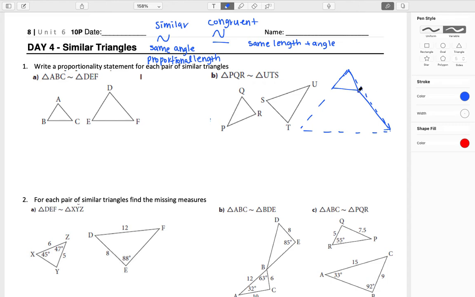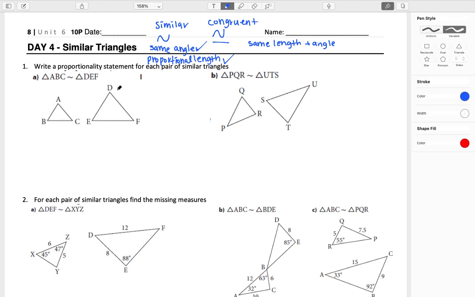On the other hand, I could zoom in by putting it this way, and my triangle will now look like this. The angles are the same, and the two triangles are similar because it has been reduced by, let's say, 1/3. Okay, so that is what similar triangle means: same angle, but the lengths are proportional.